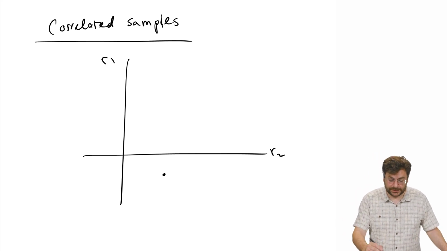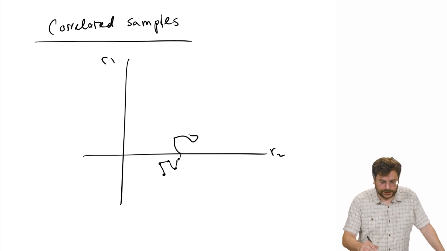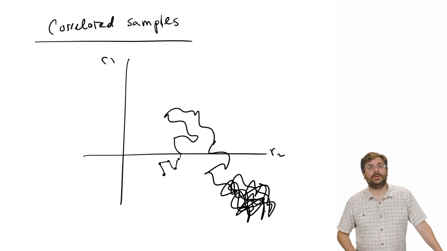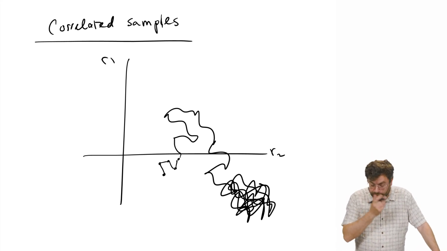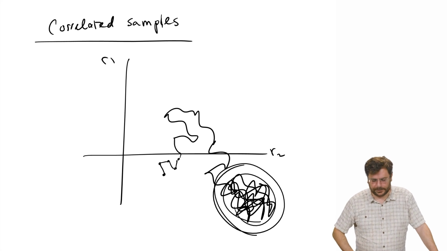You draw a sample and you move here. Then you draw another sample and you move here. You draw another sample, you move there, and so on and so forth. Now eventually you start doing this more and more. You may start converging to this region, and this may be where the bulk of the density of your target is.